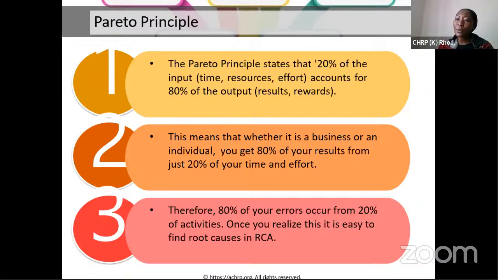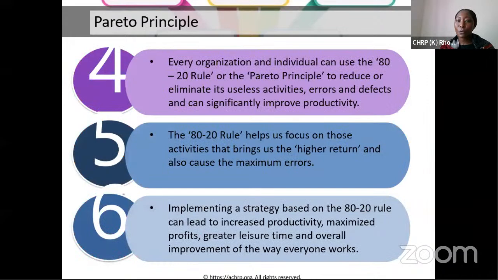Then when you narrow down the solutions, you'll have so many alternatives, but if you're able to pick two, it will resolve most of the challenges, and then you give a lot of time and energy to that. So what it means is that 80% of your errors will occur from just 20% of your activities that maybe we are doing wrong. And when you realize that, it becomes very easy for you.